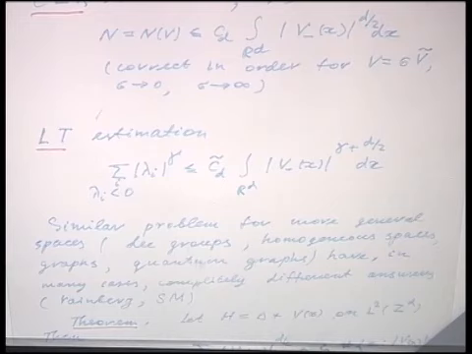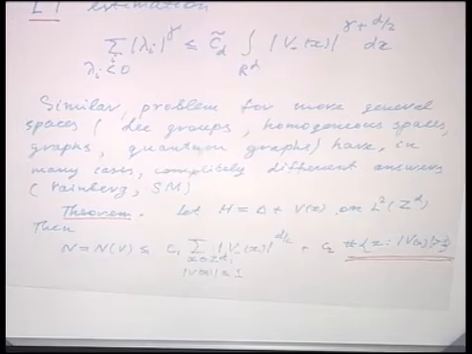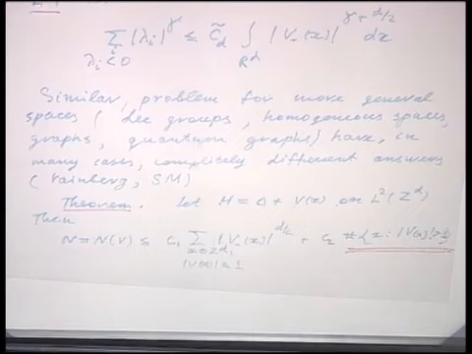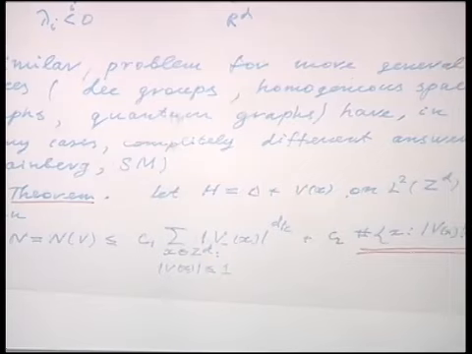But the question is, what is going on if you consider the Laplace operator not necessarily in Euclidean space? We recently made, with Weinberg, an analysis of this question. Assume that we consider the Laplace operator on a graph, a discrete graph, or a quantum graph, or on a group, and so on and so forth.